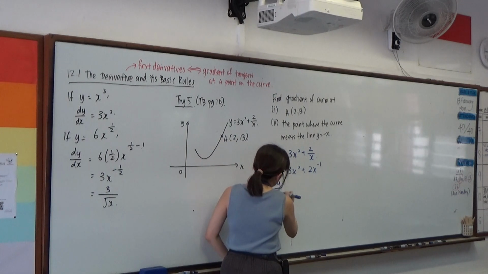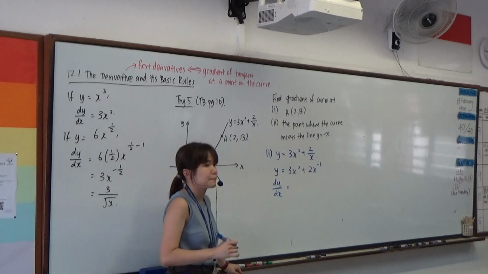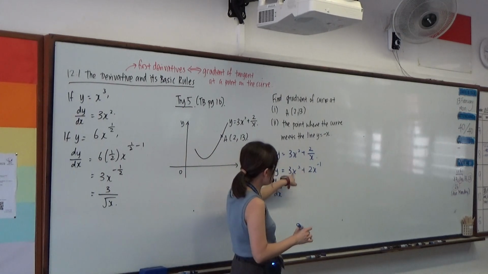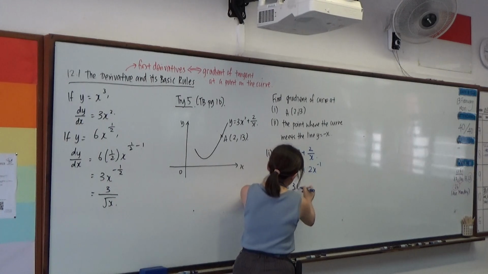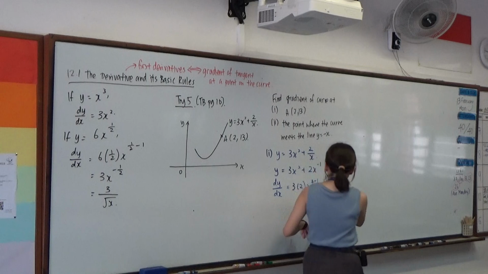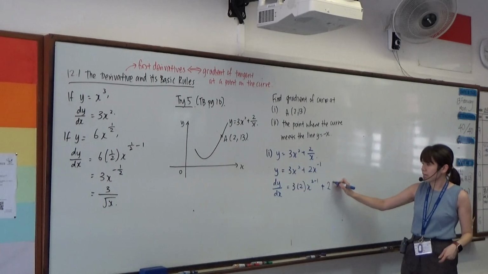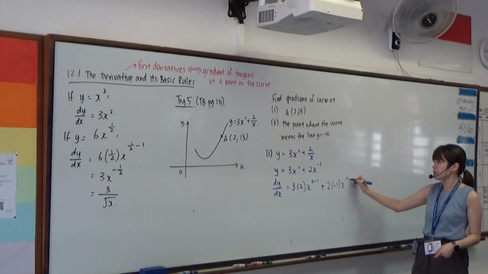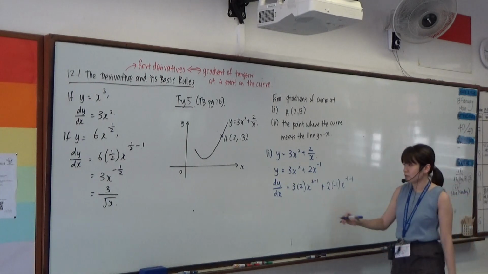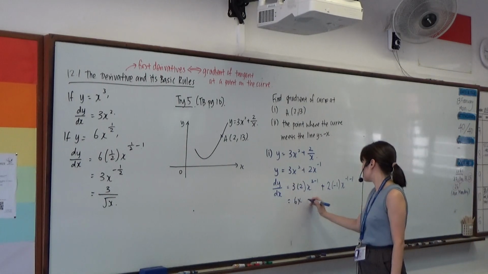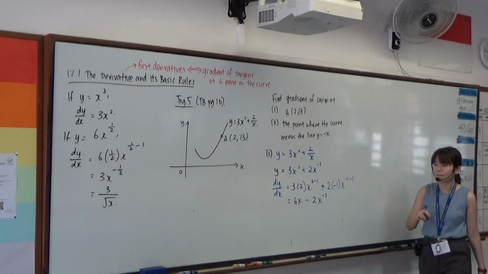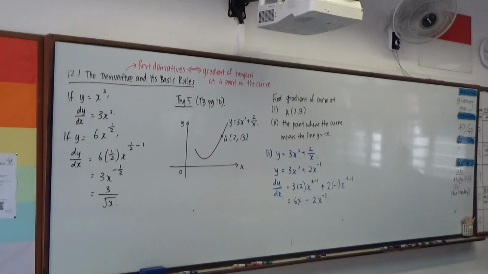Then we find dy over dx. To differentiate, we bring down the power: 3 times 2, power minus 1. Then the next one, 2 times negative 1, negative 1 minus 1. Okay, and we get 6x minus 2x to the power of negative 2.